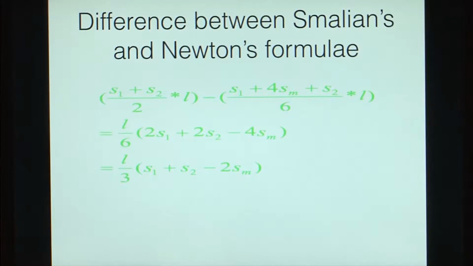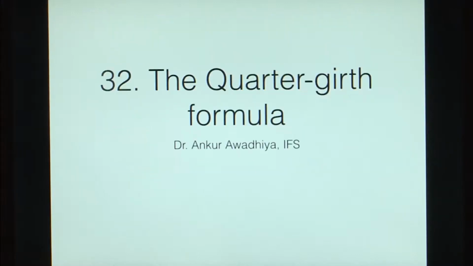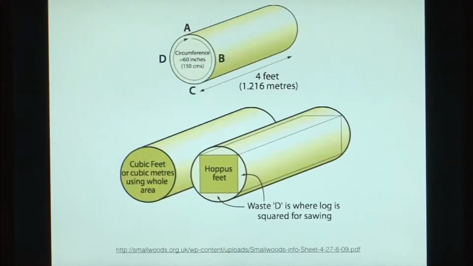In the case of Smalian's formula and Huber's formula, the errors are on opposite sides of 0. Now, we also looked at the quarter girth formula, which is also known as Hoppus's formula. In this case we assume that all these 4 corners will be lost in sawing, and the volume of the log that remains will be equal to G by 4 as the edge.